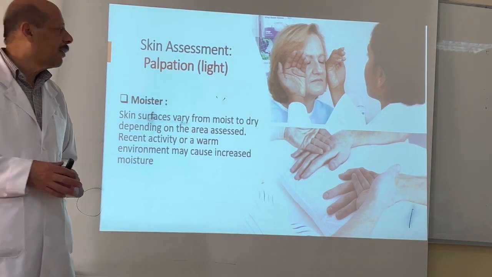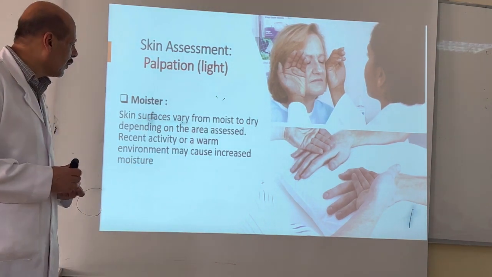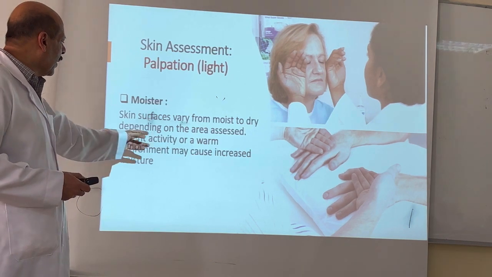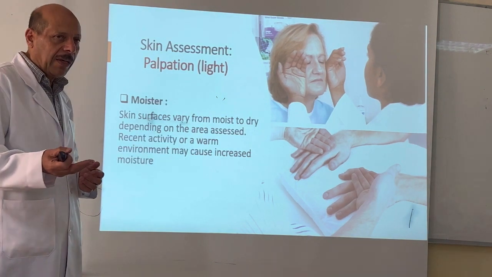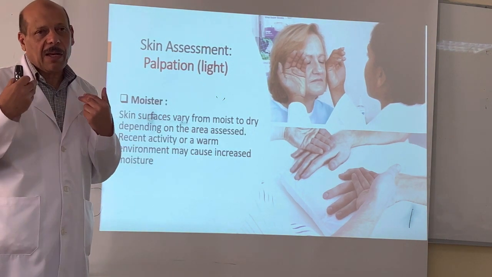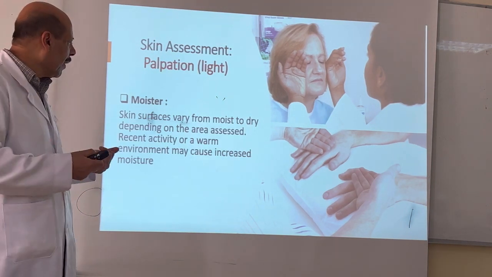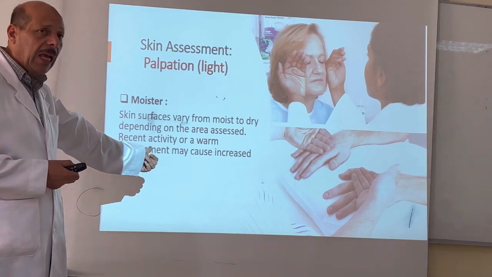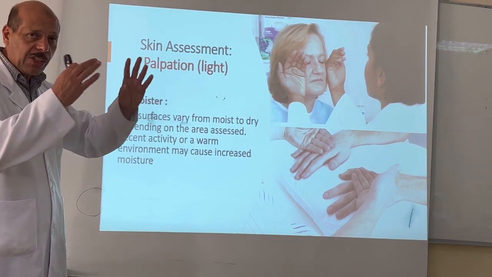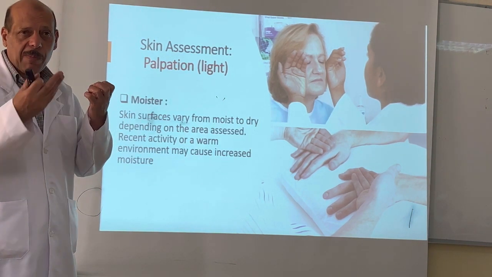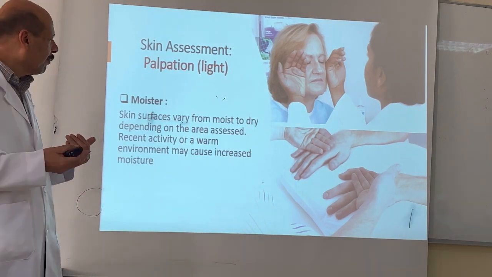So there are different varieties of skin, also depending on recent activity. If we are doing activity, sometimes after the activity our skin will be moist because sweating will be coming out. Because of the dilatation also, the color of the skin will become red because of the dilatation of blood vessels.